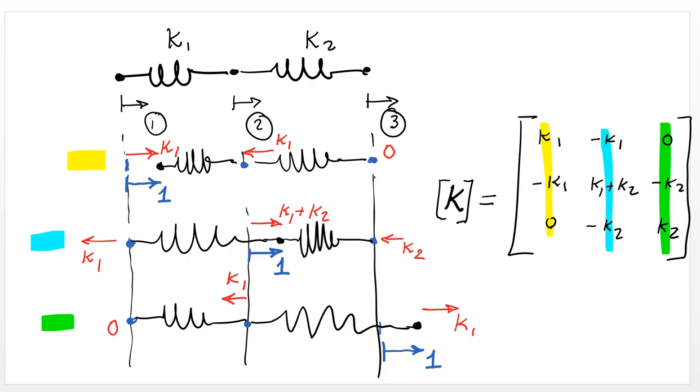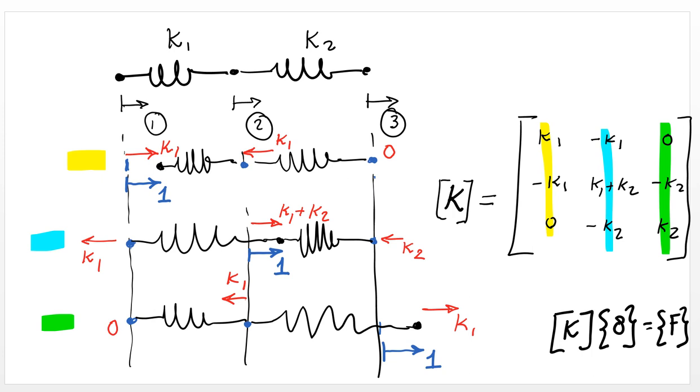And now, again, if I gave you the displacements at degree of freedom 1, 2, and 3, and I asked you what forces do I need to make those 3 displacements happen, the answer is multiply the stiffness times the displacements, and you're going to get the force. So the stiffness matrix contains the information regarding the forces needed to induce any arbitrary displacement.